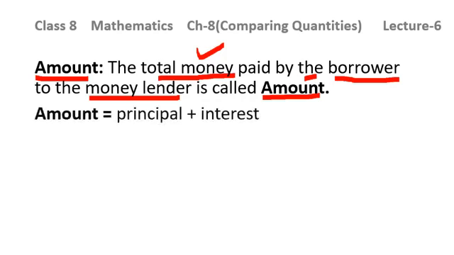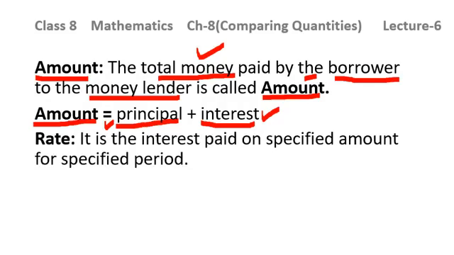Now amount is given by this formula, that is principal plus interest. Interest is the additional money paid by the borrower. Principal is the money which is being borrowed, lent or invested. And the total of these two will give you the amount.